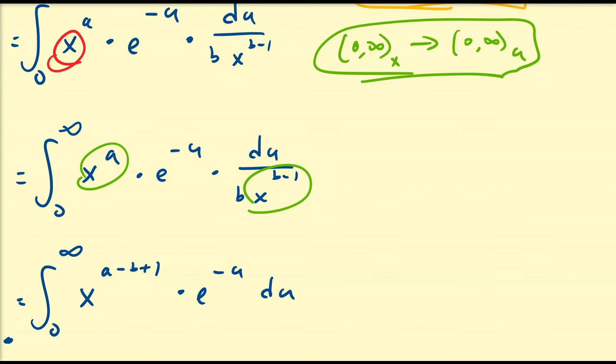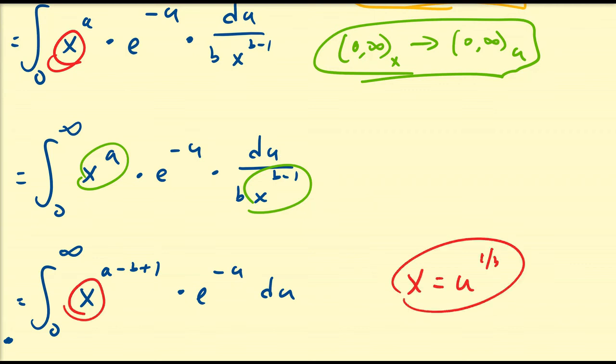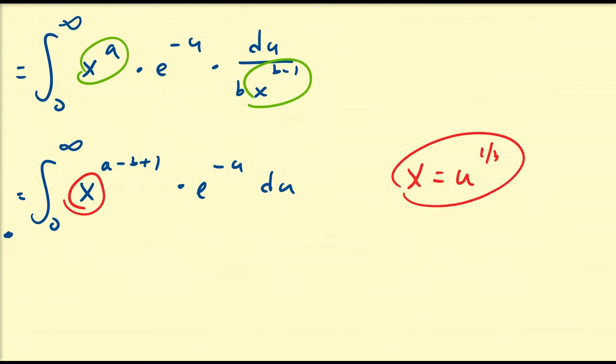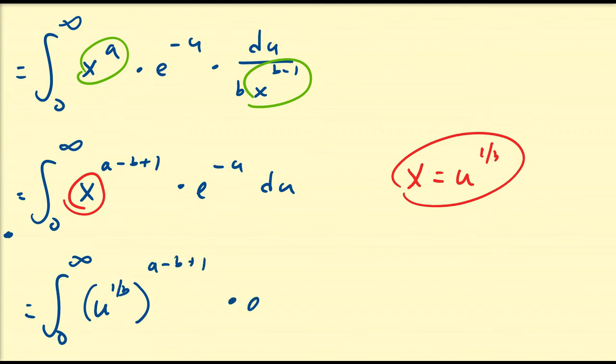So now I'm going to replace x with u to the 1 over b in this expression. So I didn't have to do multiple x's here. So we have the integral from 0 to infinity of u to the 1 over b, raised to the power a minus b plus 1, times e to the minus u du.